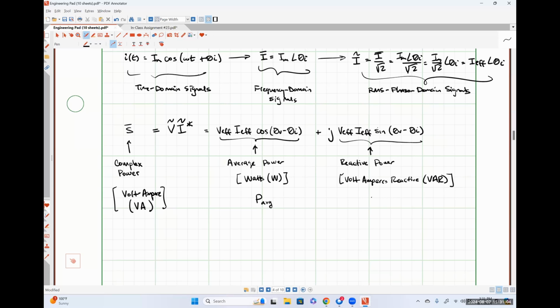And then reactive power is typically given a symbol Q, so that in rectangular form, our complex power can simply be expressed as P plus JQ. So any questions on this before I move to the polar form quantities?